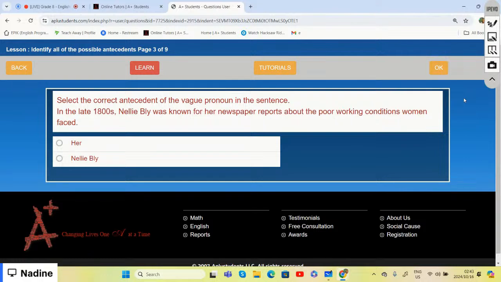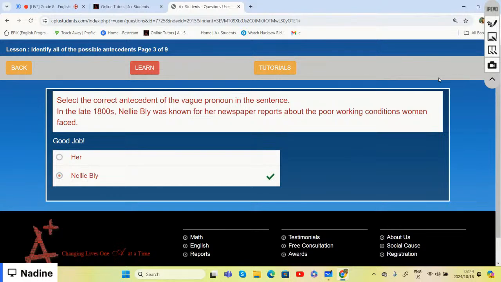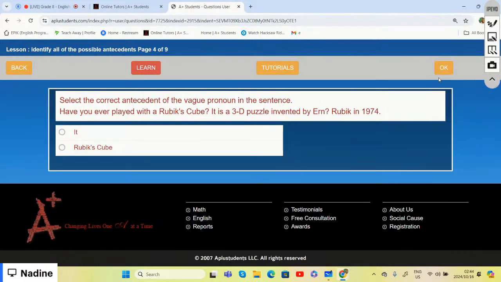Option one or option two? All right, and if we were to select the correct option, we would say Nellie Bly is our correct antecedent.